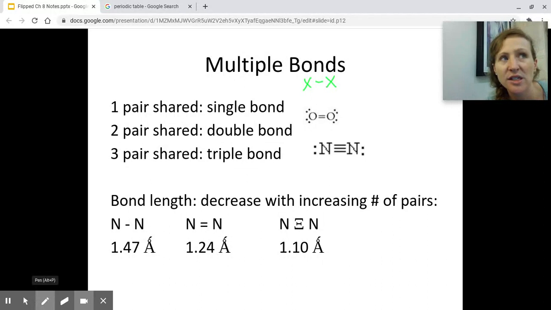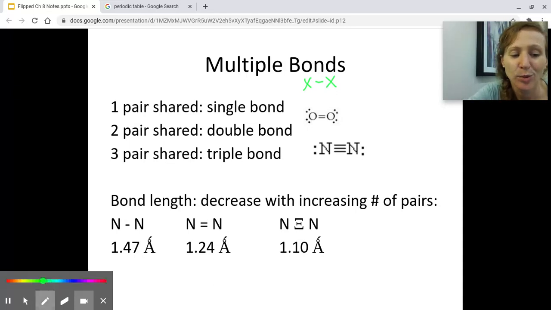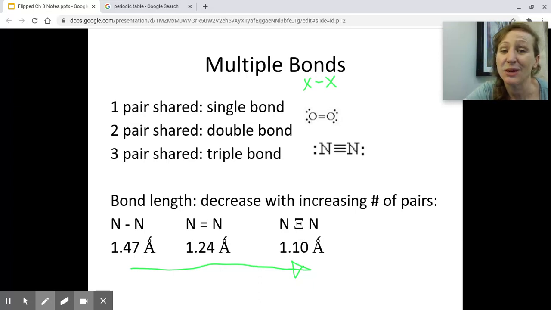And once we start looking at molecular orbitals, so right now we're looking at atomic orbitals, right? SPDF, those describe atomic orbitals. Well, soon here we're going to look at molecular orbitals. And once we look at molecular orbitals, you're going to see why adding these additional bonds makes things stronger and makes things shorter. But for now, just trust me, multiple bonds are going to tend to make things stronger and tend to make things shorter.